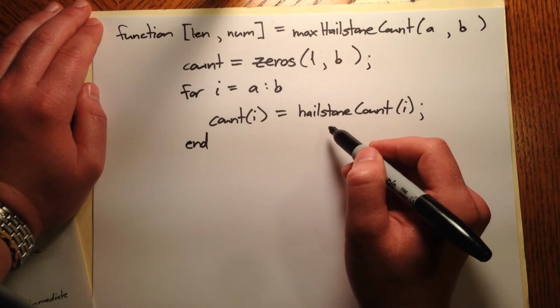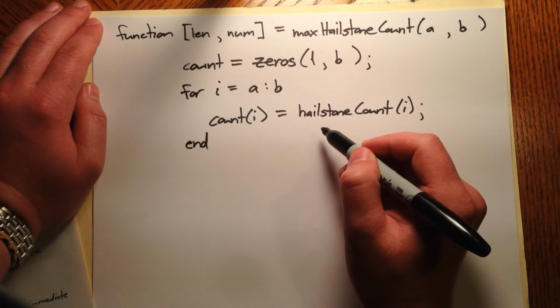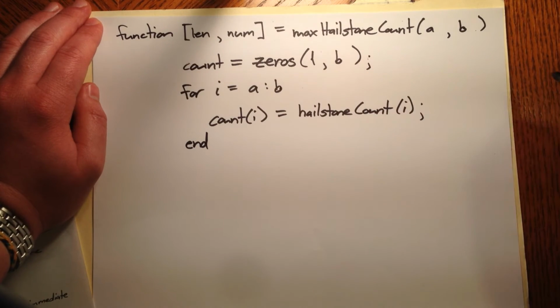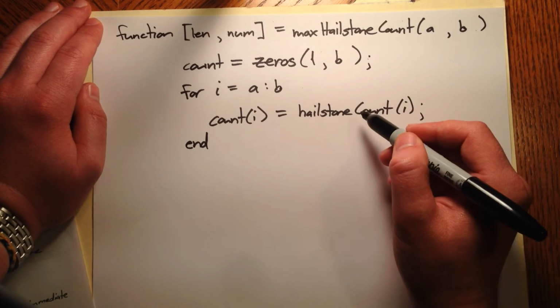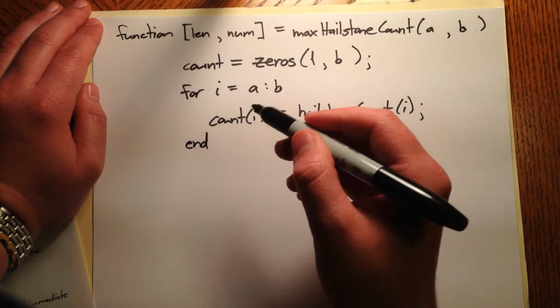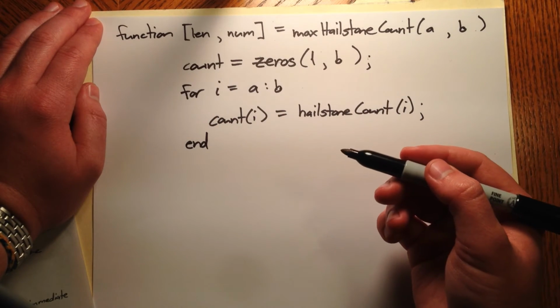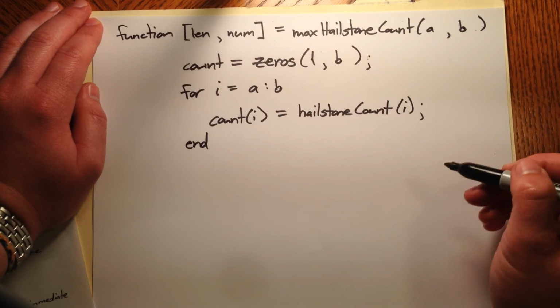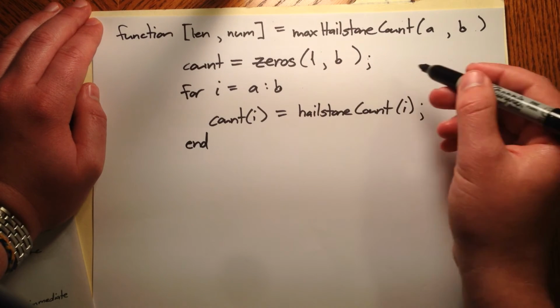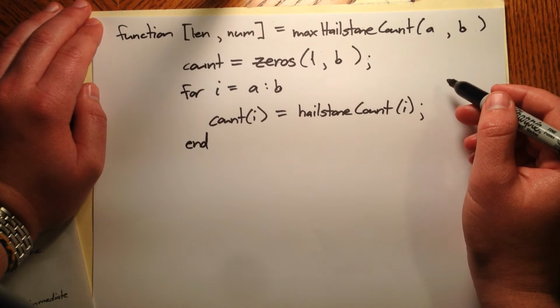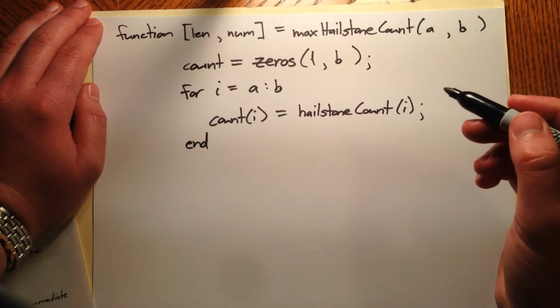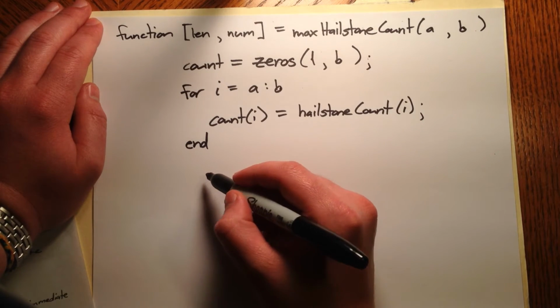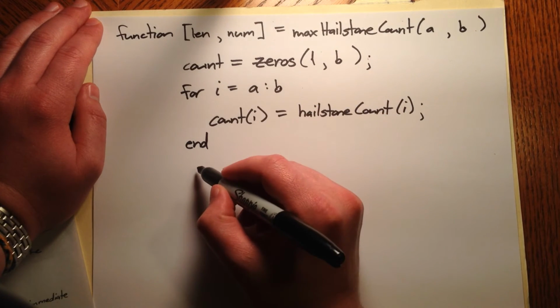We established in the example that 5 has 6 numbers in its sequence. So each one is going to have a different value.